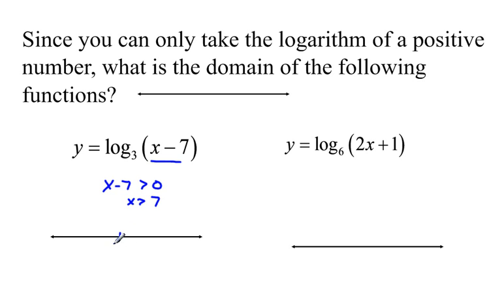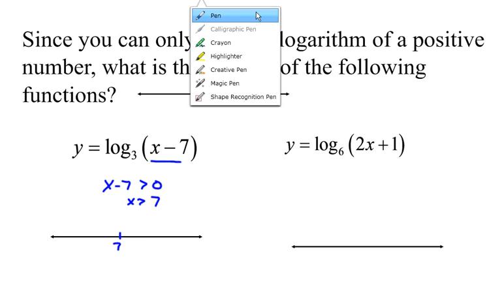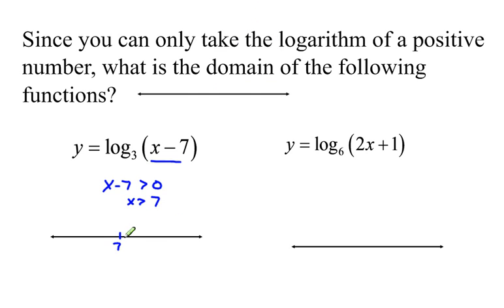And I find this number line helpful to change it to interval notation. So I'm just going to highlight the part that's greater than 7. So that's this part. And now I can see easily that my answer for the domain is that it's going to be from 7 out to infinity.